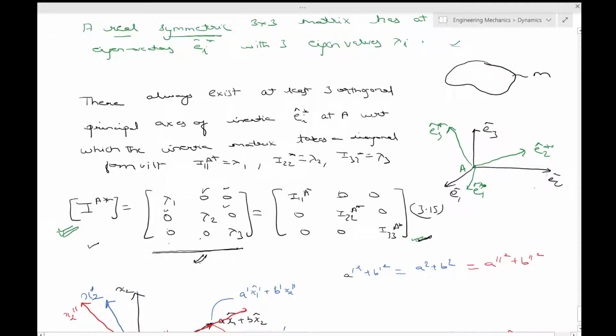If you have I_A written in black, it has to be specially transformed, under some special transformation in which it becomes I star, and that special transformation will make it look like this, in which the diagonal terms are non-zero.